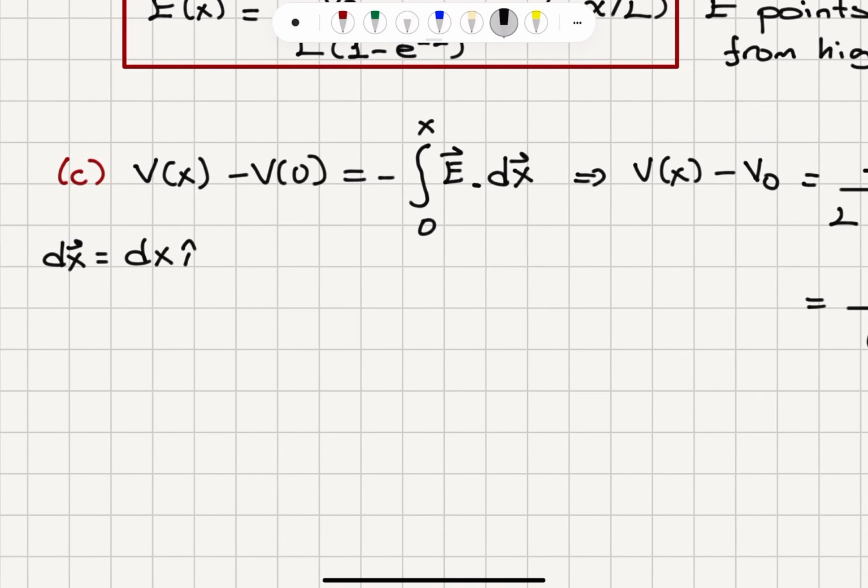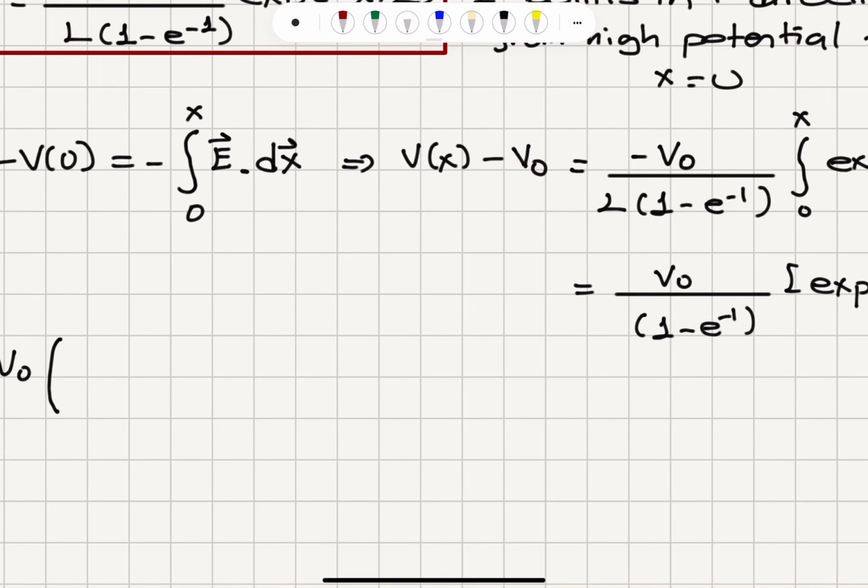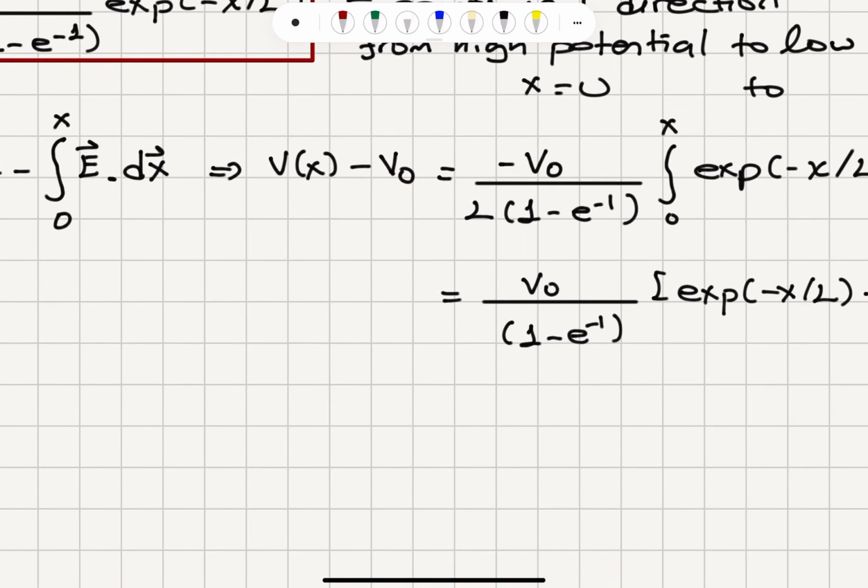Now you can calculate the potential at point x. V of x will be equal to V0 times, because I'm taking this V0 to the right hand side, so this will be this added to V0.